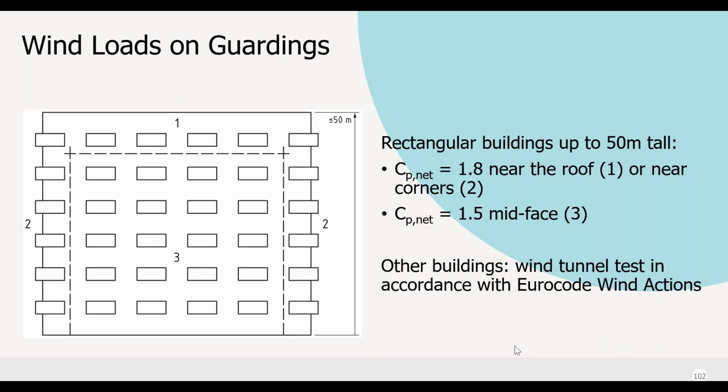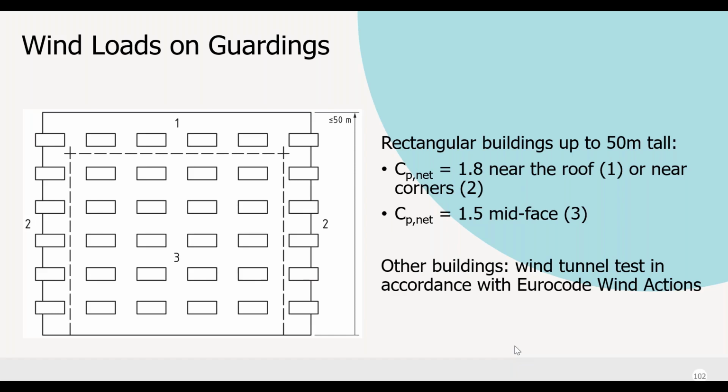So the standard has this to offer, and it is for limited cases of relatively conventional buildings up to 50 meters in height. You can assume a net pressure coefficient of 1.8 up near the roof of the building and near the corners, and 1.5 mid-face.